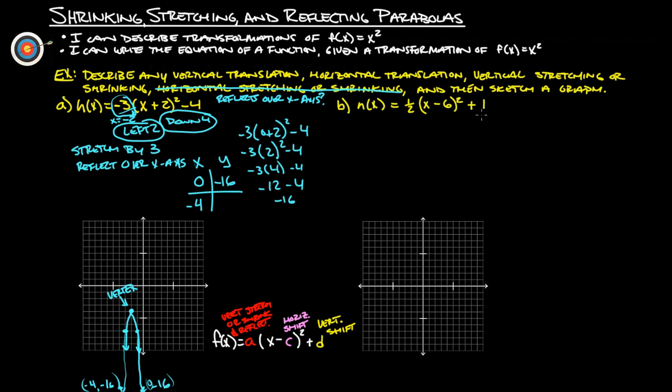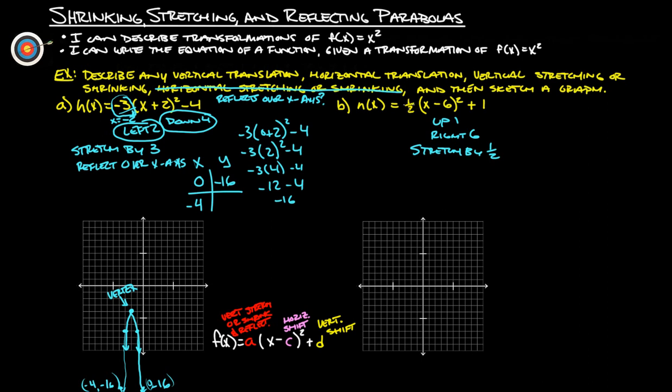So this plus 1 means it gets translated up 1. 6 minus 6 gives us 0, so it's going to go to the right 6. And then it gets stretched by a factor of 1/2, so it actually gets squished, which basically just means it gets squished by a factor of 2.